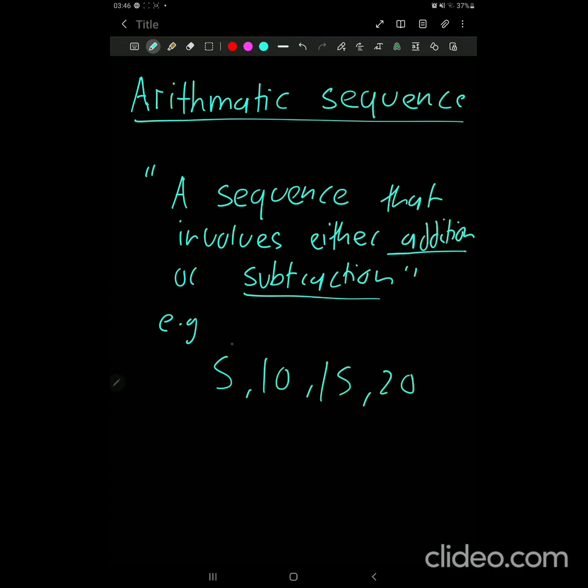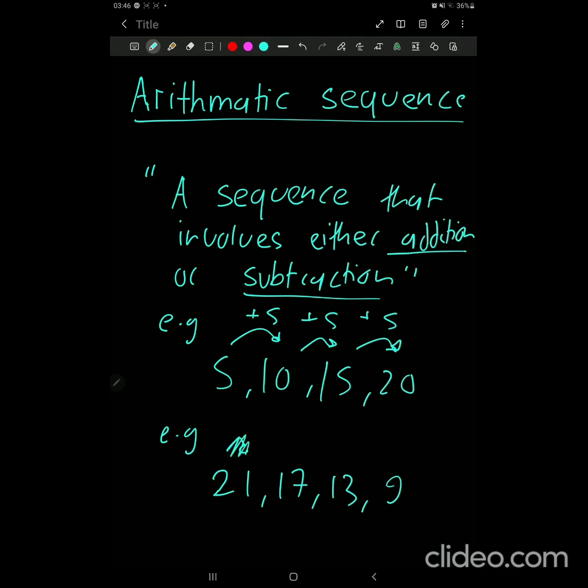Here you can see that every term is an addition of 5, right? Therefore this is an arithmetic sequence. Same for subtraction. If for example we have 21, 17, 13, 9, here we have an arithmetic sequence because it follows a certain rule, which is subtract by 4.